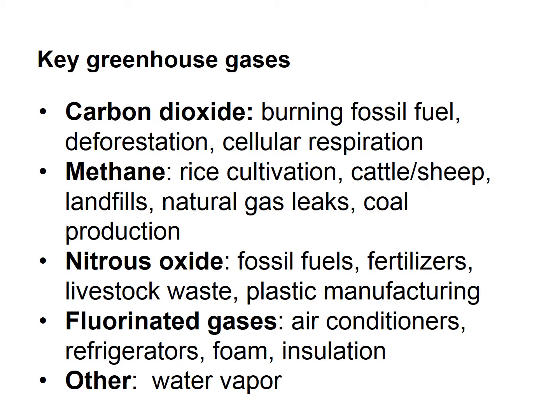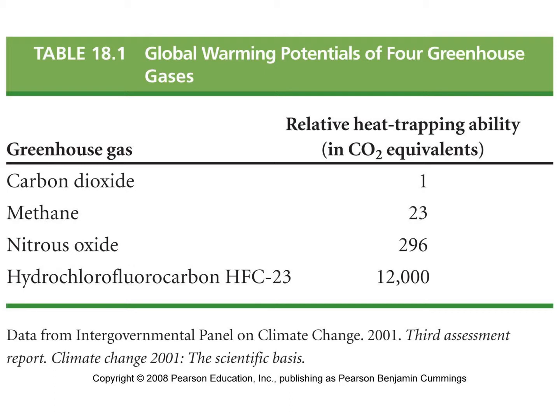All right, and then this is showing the relative heat trapping abilities of a few of these. So they're not all created equal. And so these numbers are in CO2 equivalents. So what this means is that the relative heat trapping ability of methane is 23 times that of CO2.